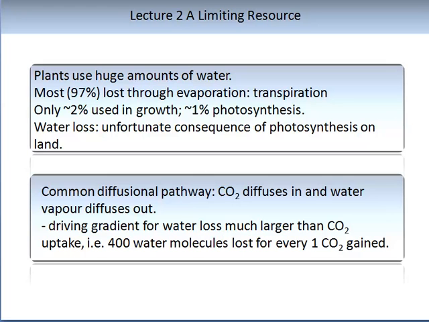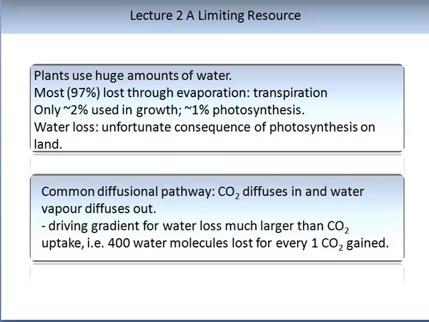The plant requires carbon dioxide for the process of photosynthesis. Therefore, the more photosynthesis you have, in most situations, the more water you lose. To give you some kind of understanding of this magnitude, for every 400 water molecules lost, about 1 molecule of CO2 is gained.